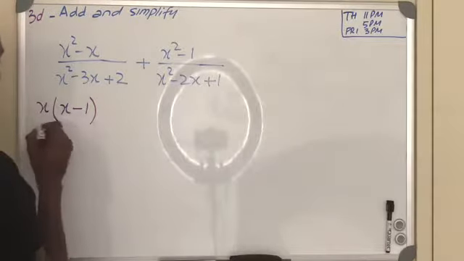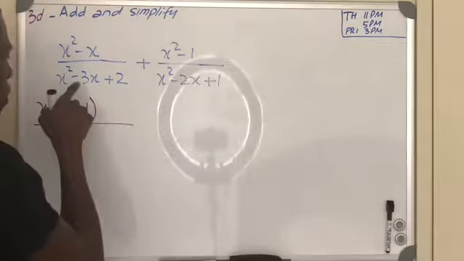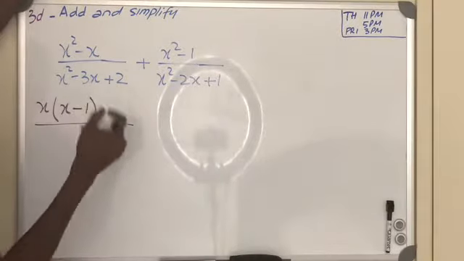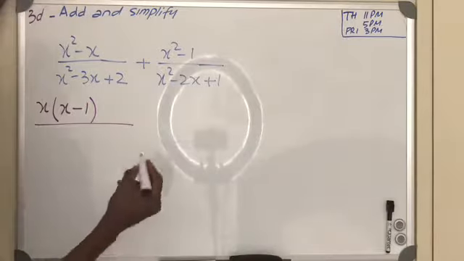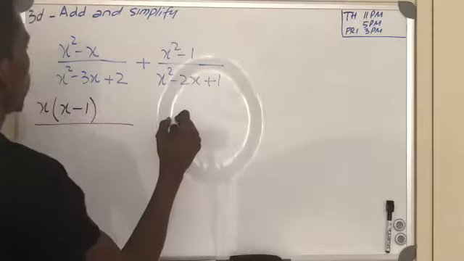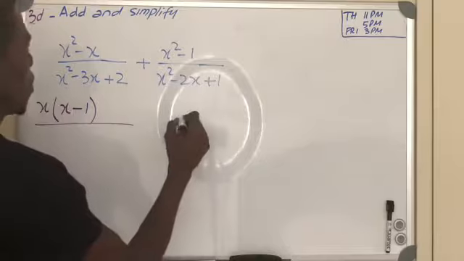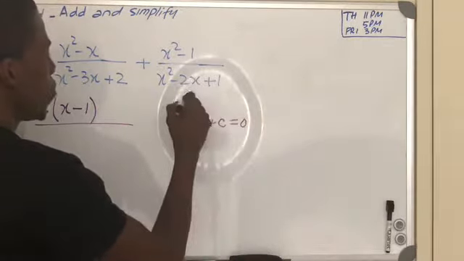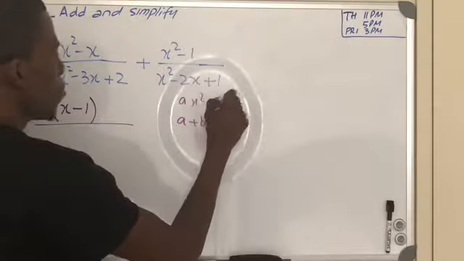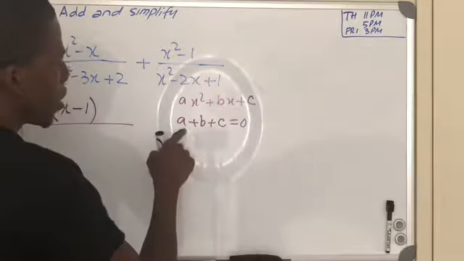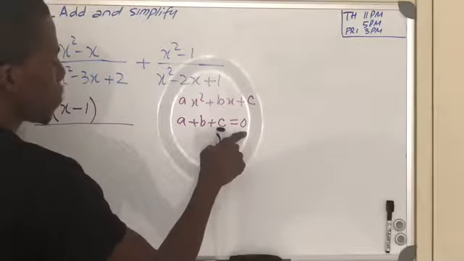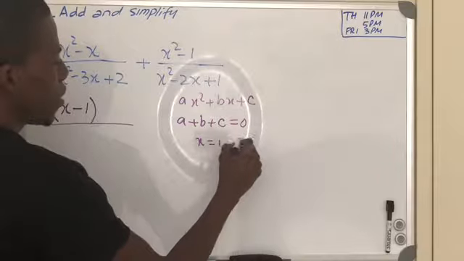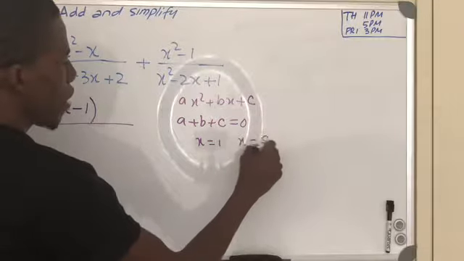Now I am going to factor the denominator. X squared minus 3x plus 2. For trinomials, there is a rule that says if a plus b plus c is equal to 0, when we have ax squared plus bx plus c, then one of the x is equal to 1 and the other one is equal to c over a.